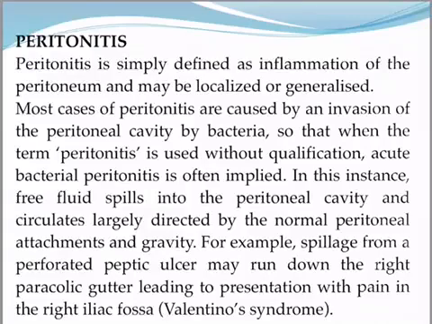In these instances, the free fluid spills into the peritoneal cavity and circulates largely directed by the normal peritoneal attachments and gravity. So when there is a spillage of fluid in the epigastric area or the upper abdomen, it will track along the peritoneal attachments, just like a track or a way by which the peritoneal attachments can take this fluid to other compartments.